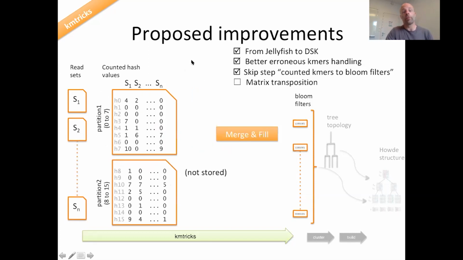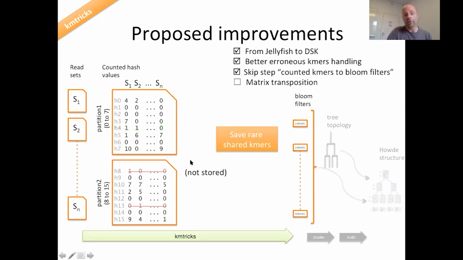And from all those partitions, we merge them. We add some empty lines for the hash values that were not encountered before. We can do the trick where we save the rare shared kmers. So the kmers I was talking about before, we still remove kmers that are rare in only one dataset.